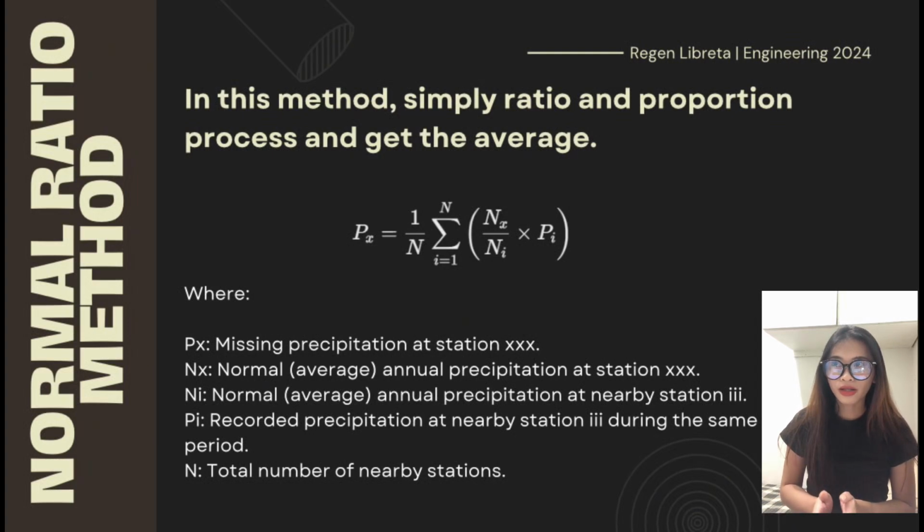Where Px is the missing precipitation at station X, Nx is the normal average annual precipitation at station X, Ni is the normal average annual precipitation at nearby station i, Pi is the recorded precipitation at nearby station i during the same period, and n is the total number of nearby stations.